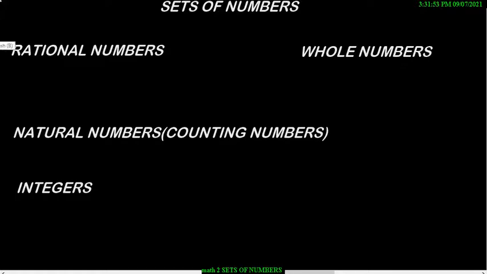So, what are rational numbers? Rational numbers are numbers that can be expressed in the form a over b, with the condition that b is not equal to 0, because that would be undefined, and a and b should be members of integers.